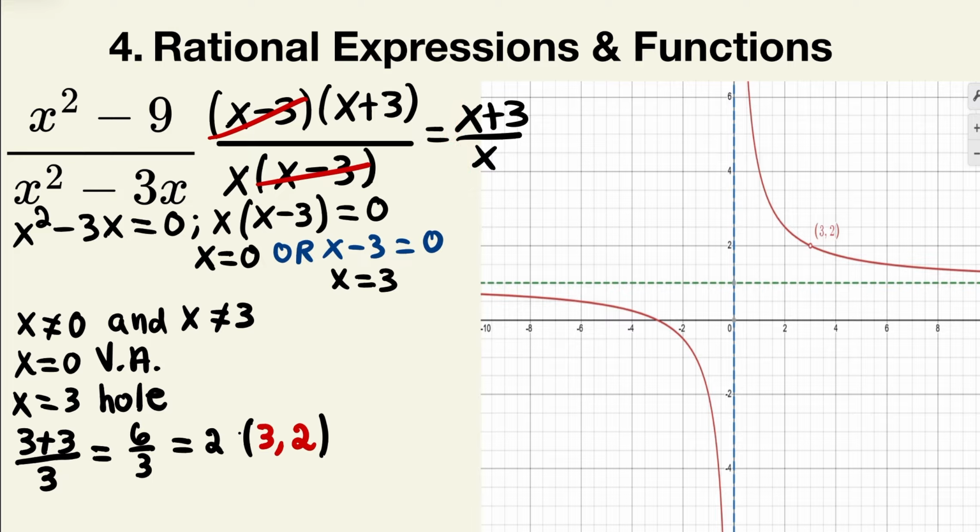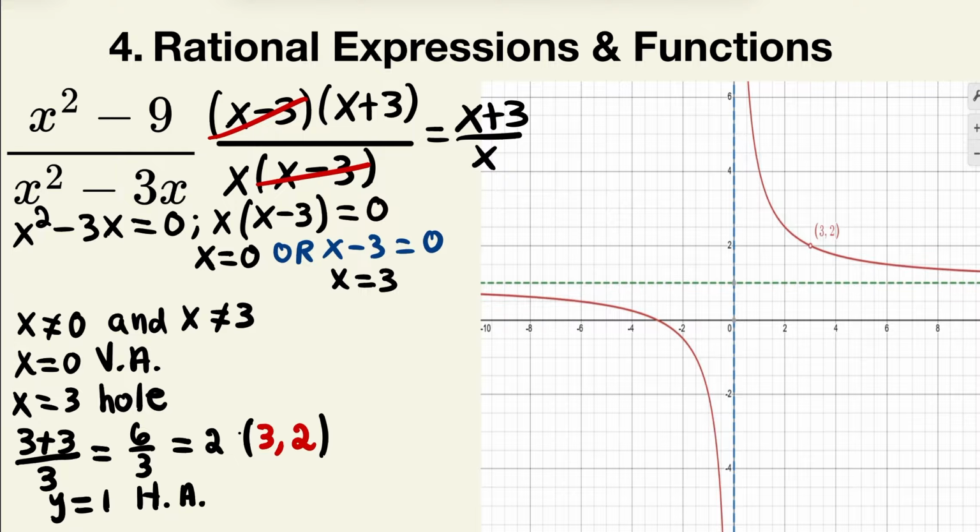The leading coefficients then is 1 over 1, which equals 1. So that tells us that the horizontal asymptote is at y equals 1. So let me just go ahead and write that here: y equals 1, and that is the horizontal asymptote.